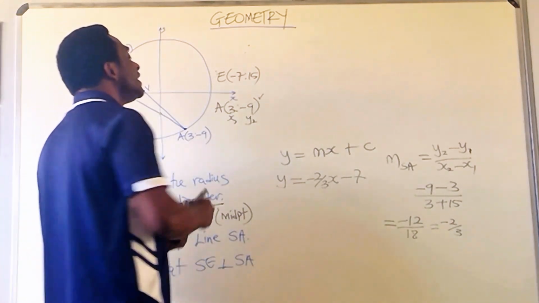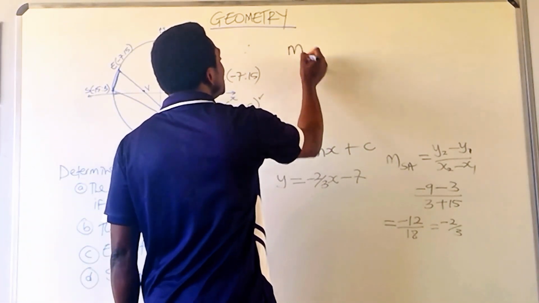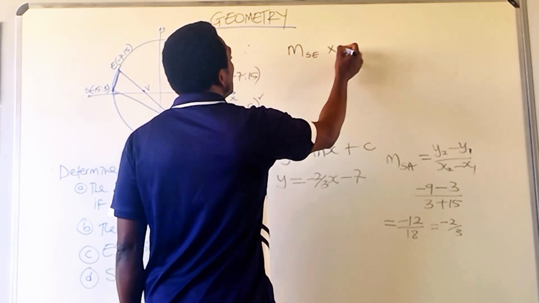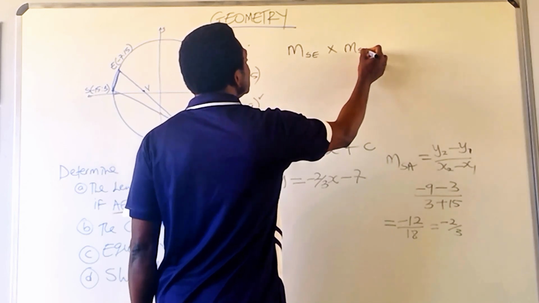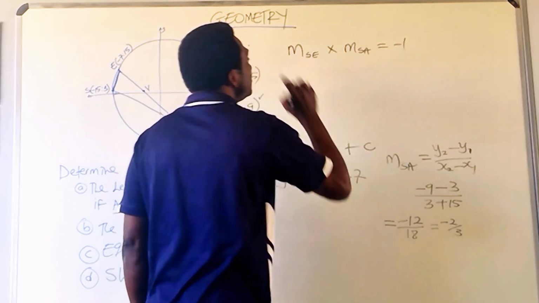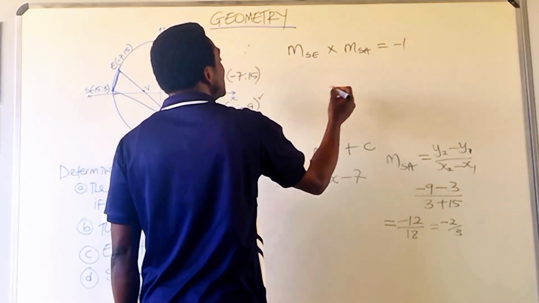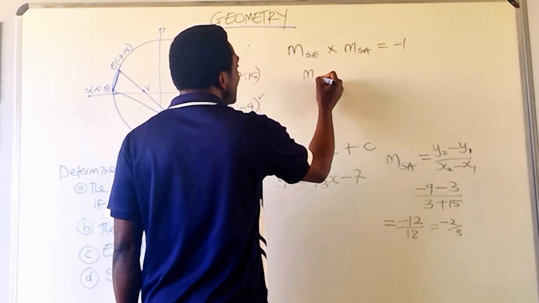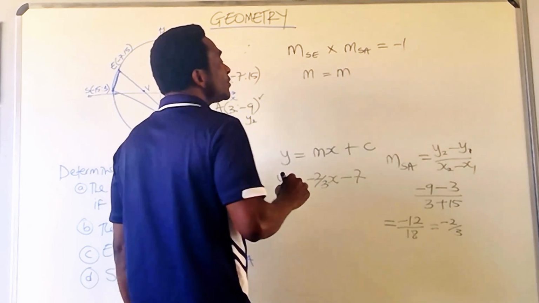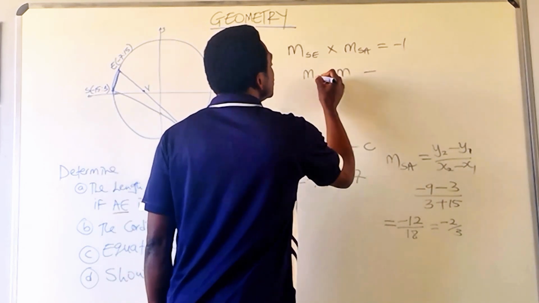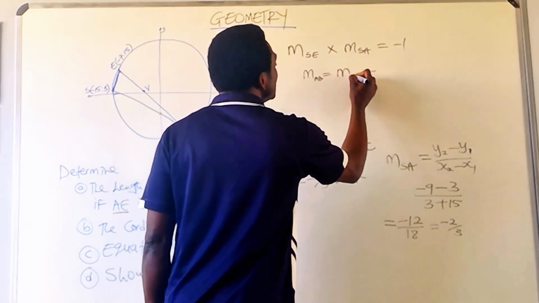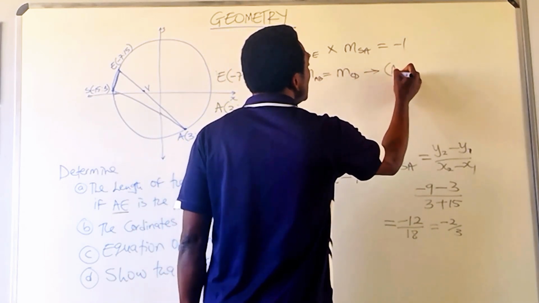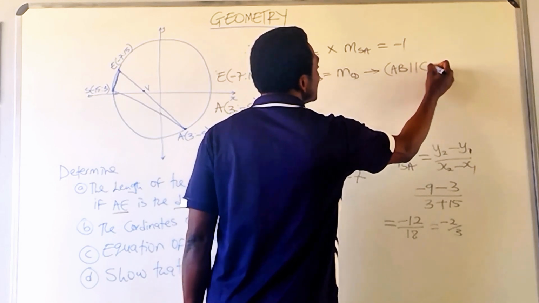For perpendicular lines under analytical geometry, the gradient of SE multiplied by the gradient of SA must give us negative 1. Please remember, for parallel lines, the gradients of the 2 lines are equal. So if the gradients of AB and CD are equal, then AB is parallel to CD.